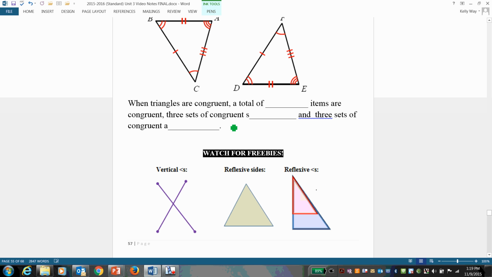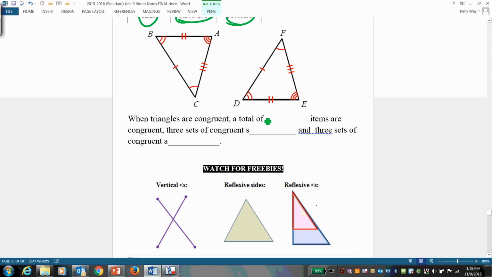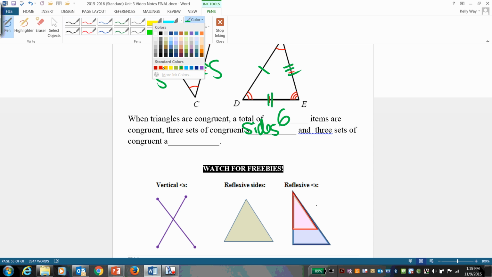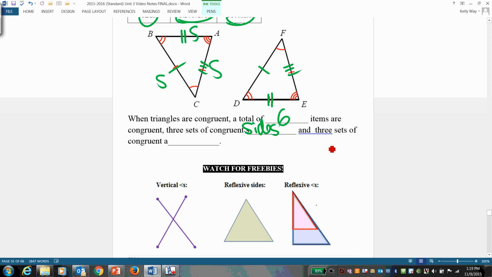So when triangles are congruent, we have a total of 6 items congruent. We have 3 sets of congruent sides. So here I'm going to do an S for each pair. So 3 sets of congruent sides. And then we have 3 sets of congruent angles.